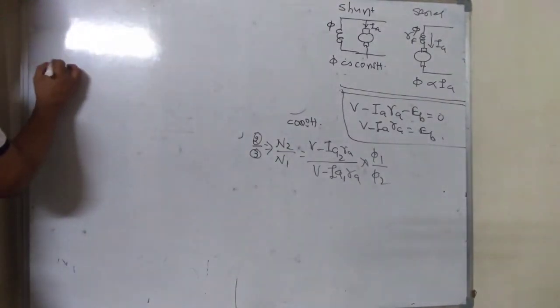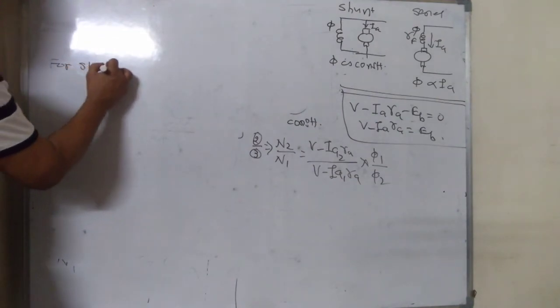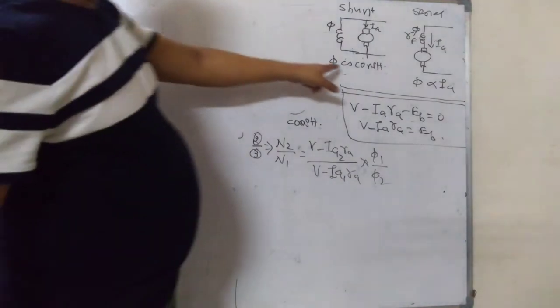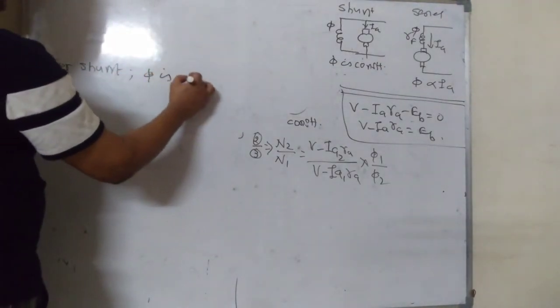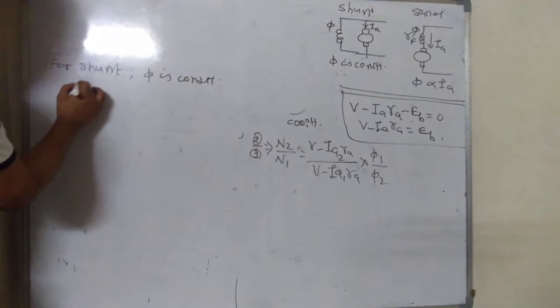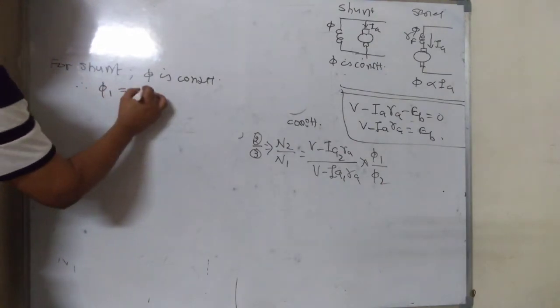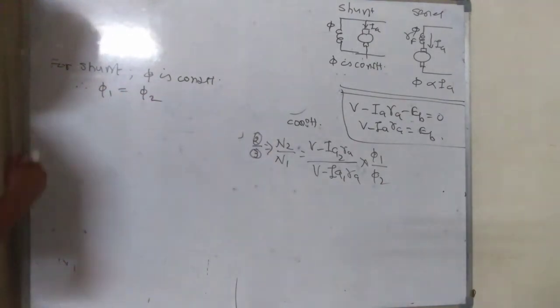Now, for shunt motor, phi is constant. Therefore, phi1 is equal to phi2. So what is the equation?